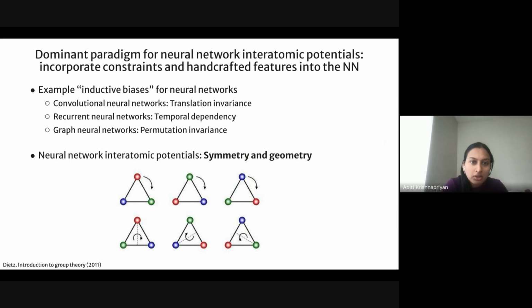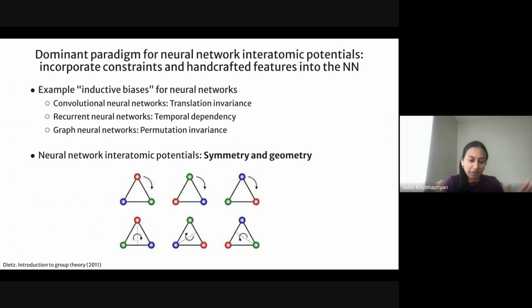On that note, the dominant paradigm so far in neural network potentials has really been to incorporate constraints and very handcrafted features into the neural network. This idea of inductive biases for neural networks has been around for a while. Of course, convolutional neural networks have an inductive bias of translation invariance, and GNNs have an inductive bias of permutation invariance.